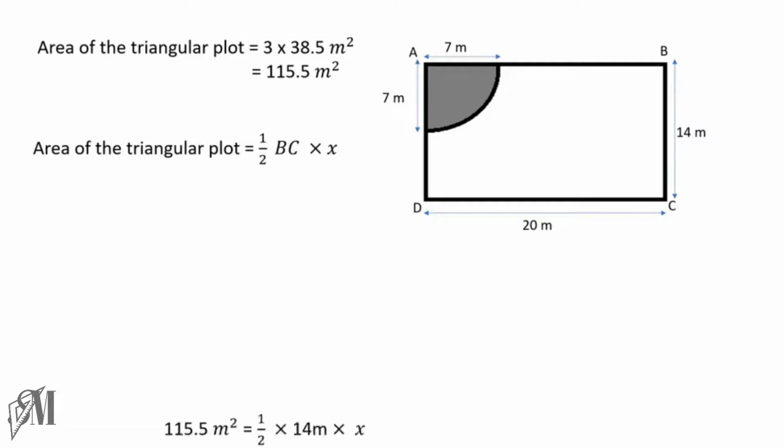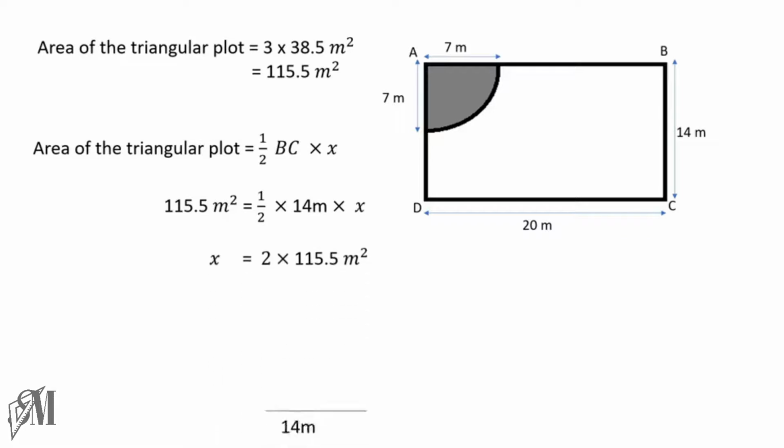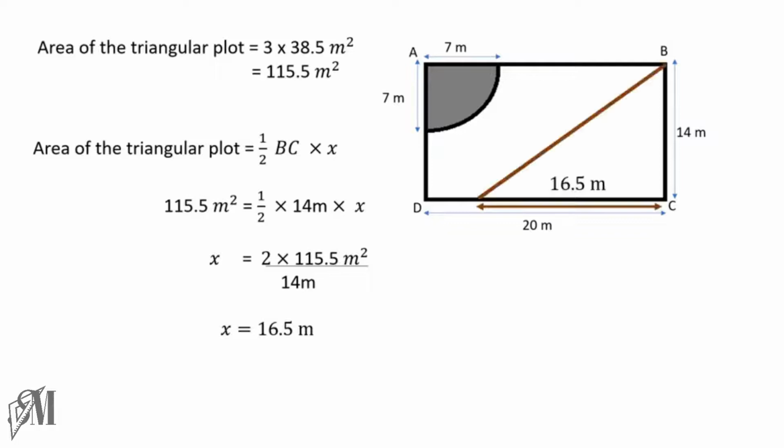Once you apply this equation and subject x, you get that x is equal to 2 times 115.5 divided by 14, that is 16.5 meters. So along the DC line, we have to mark 16.5 meters and draw the triangle like this.